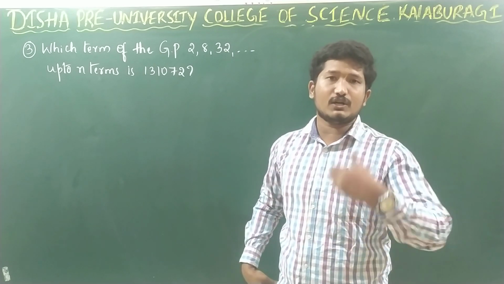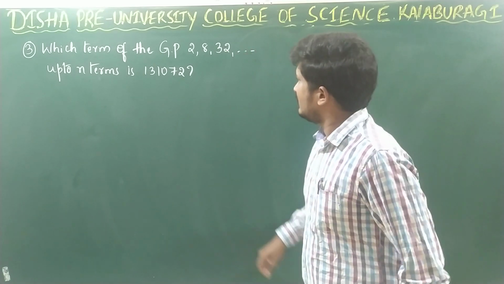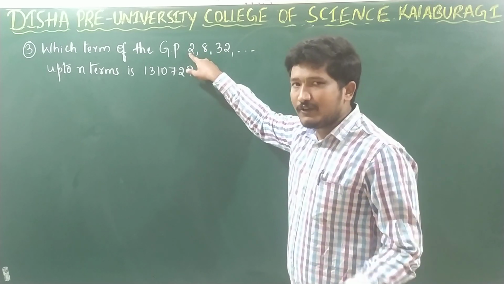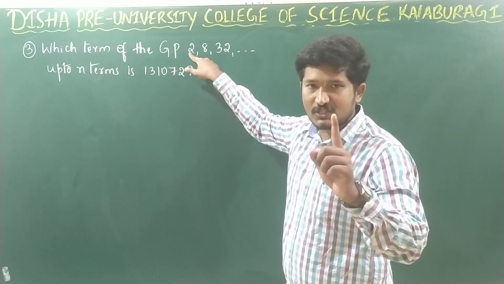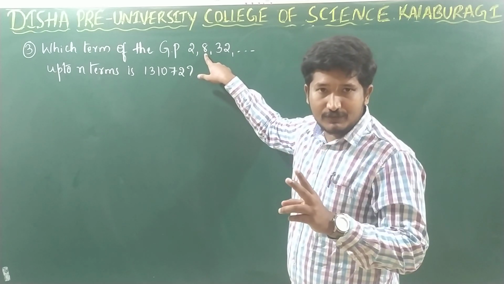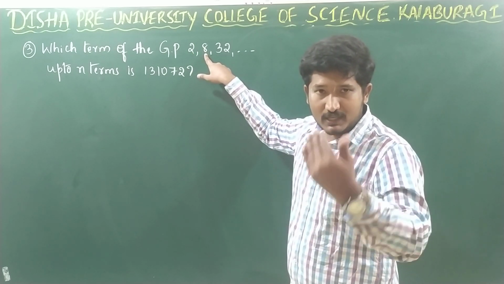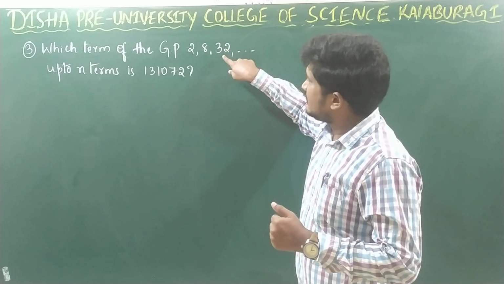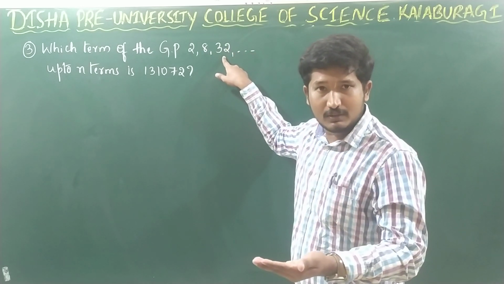So what is the meaning of the question? What are we asked to find out? See here, this is the first position, that is the first term of the geometric progression. This is the second term of the geometric progression, right? So it is present at the second position. This is present at the third position, right?